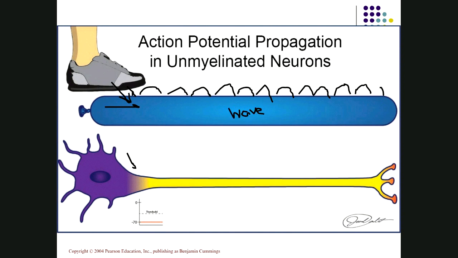If I get an action potential, it's going to travel all the way to the end, sort of like a wave. And remember, it's going to travel all the way to the end, be the same size. The action potential can travel long distances without losing any height, without losing any information.